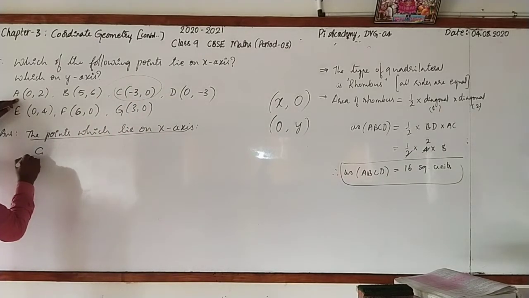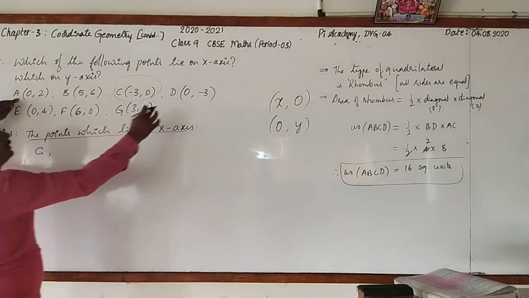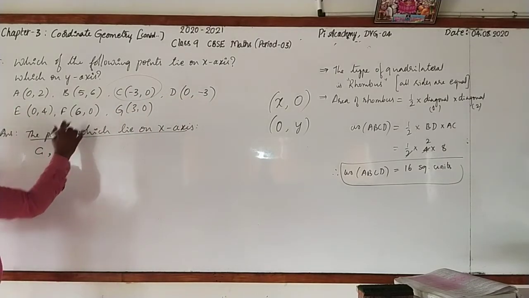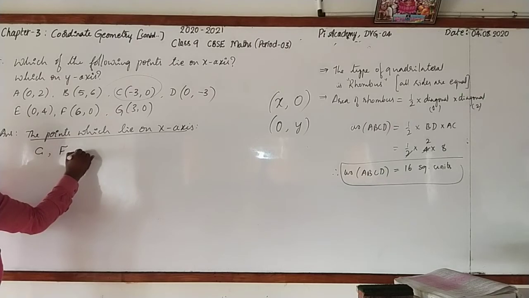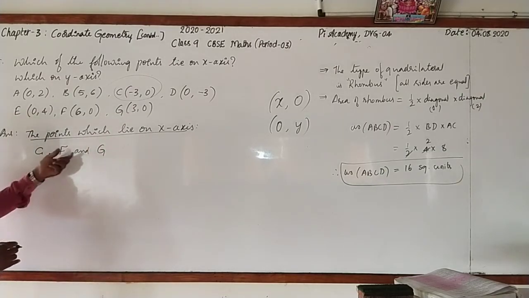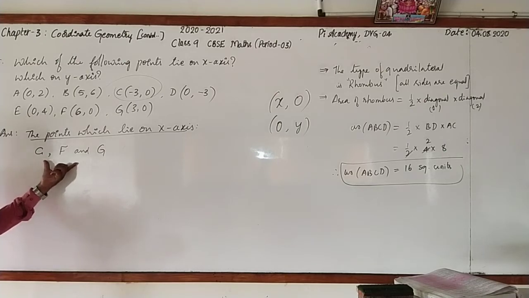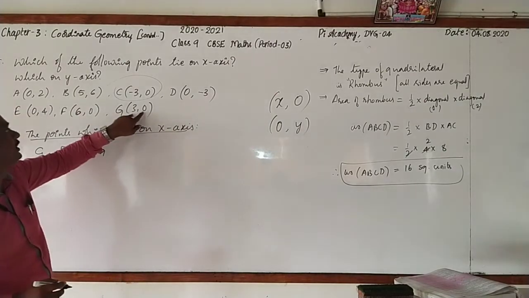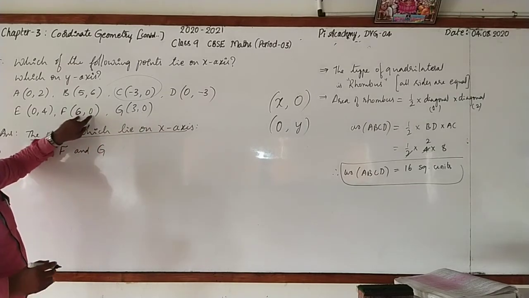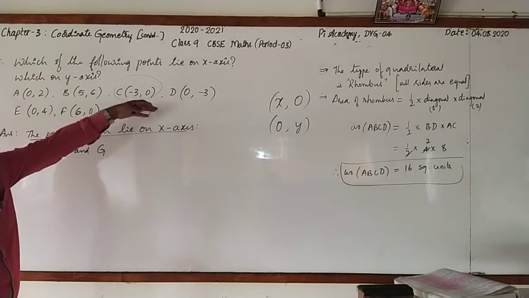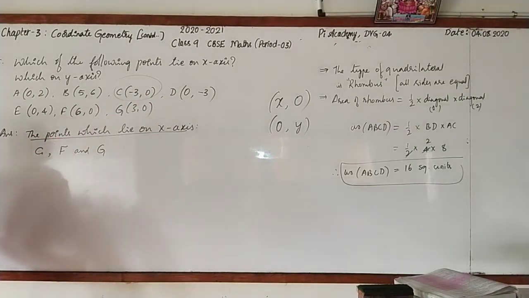Point C. Then (0, -3) won't come. (0, 4) won't come. (6, 0), yes, F. And (3, 0), that is G. These are the points which lie on the x-axis because they are in the form of (x, 0). See that? (3, 0), (6, 0), and (-3, 0) are also in the form of (x, 0).